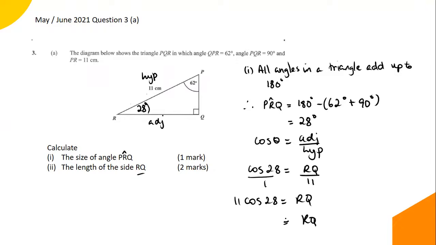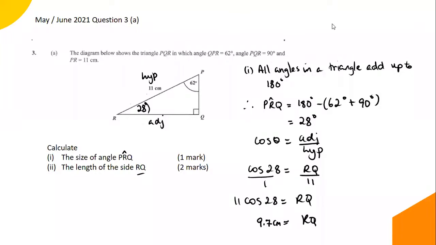You simply put that in your calculator and you'll be on your way. When you put that in your calculator, you're going to get a whopping 9.75 centimeters. So that was quite an easy question. So we are going to move on.